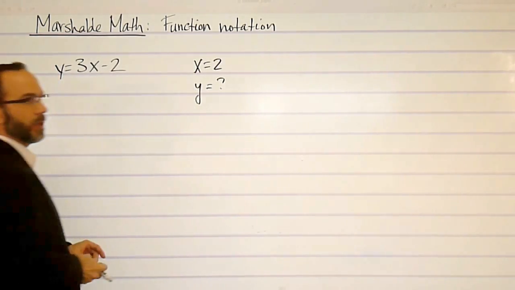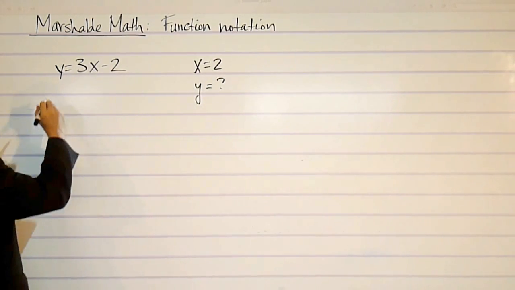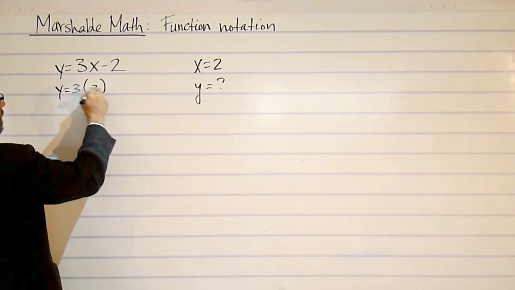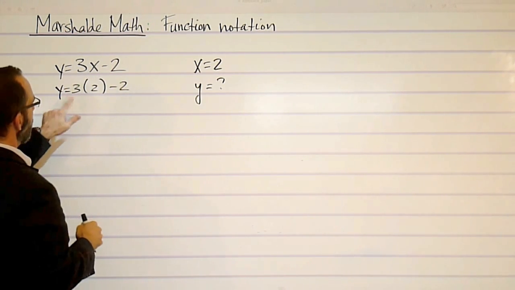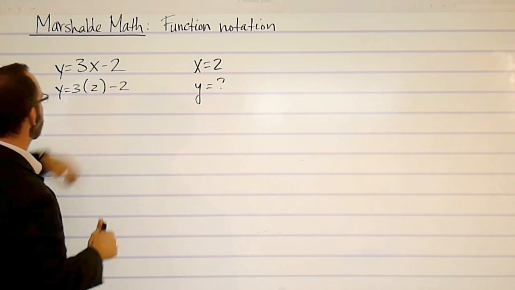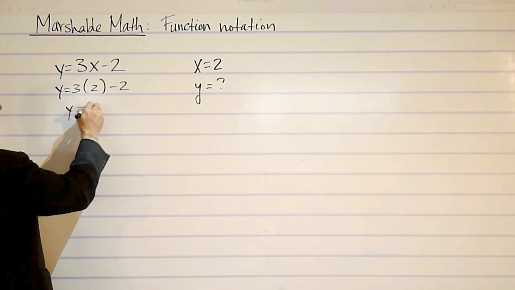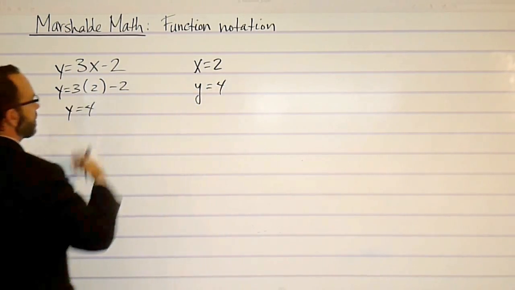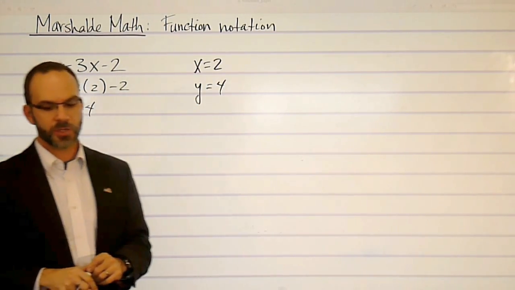That's fairly simple, right? I'm going to replace the x with 2, so y is equal to 3 times 2 plus 2. 3 times 2 is 6, plus 2, y is equal to 8. So when x is 2, y is 8, that's the solution to this equation.